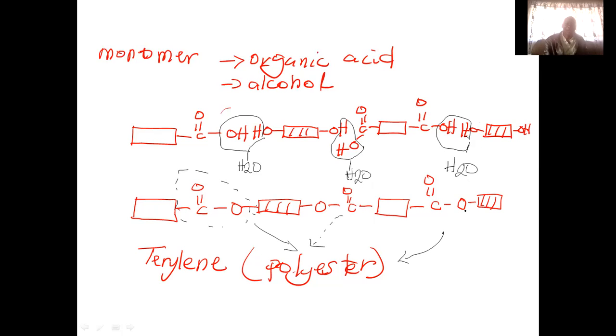This is how terylene is formed from the monomer units, which are from an organic acid as well as an alcohol. You remove water, which is known as the condensation polymerization process, and you form the structure of terylene, which is a polyester.